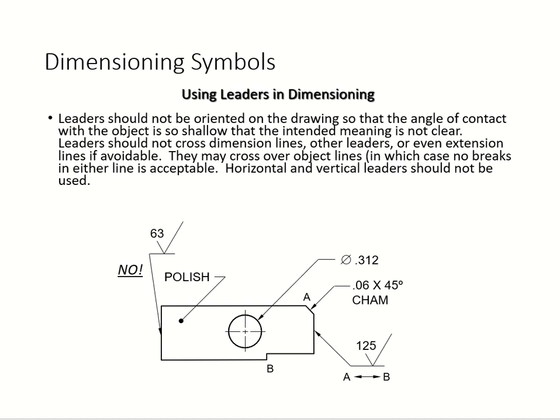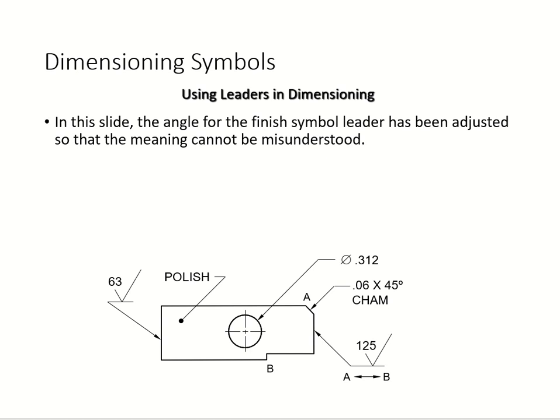Alright, leaders, you have to orient them on the drawing, so the angle. Leader lines always have a little angle, meaning there's a little slope when it lands on the feature. So horizontal or vertical leaders should not be used, because you can't use a straight horizontal or straight vertical. You have to have a little angle for the leaders.